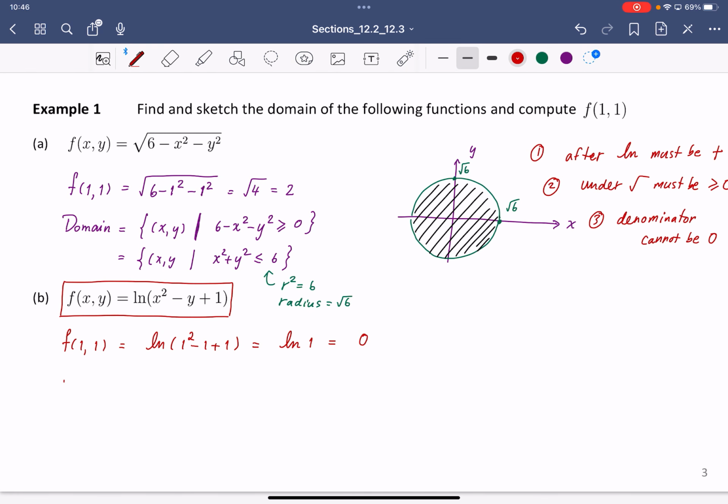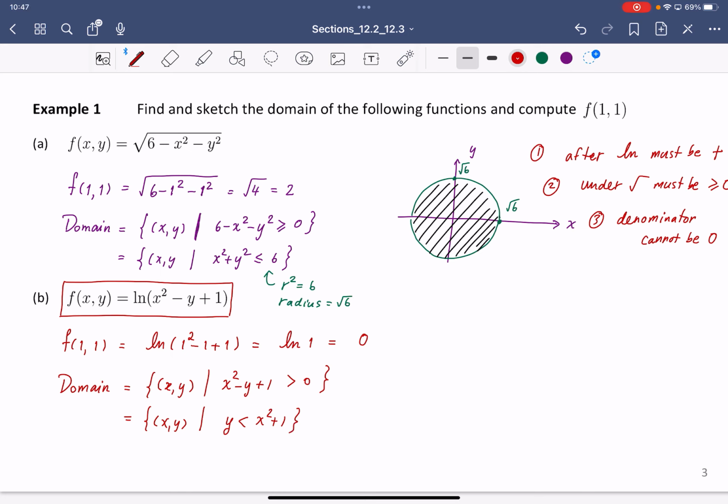And this time when you compute the domain, the domain is all possible (x,y) such that x squared minus y plus 1 is greater than 0. What is this one? You can simplify first: y less than x squared plus 1.